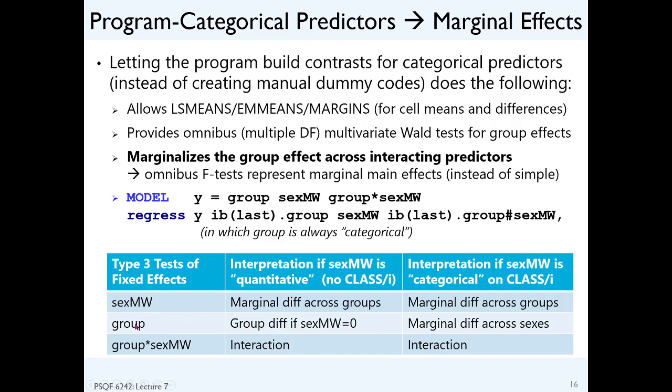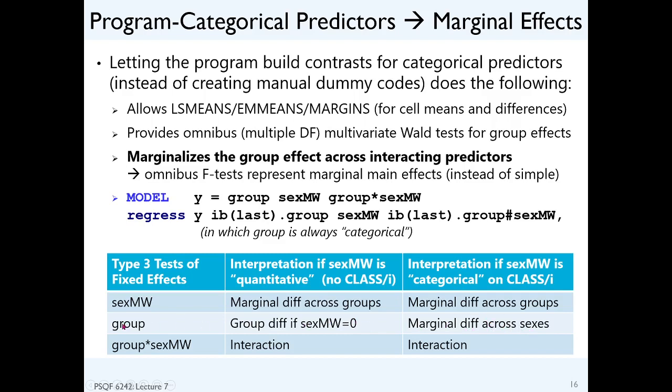The group main effect, though, is going to be conditional on gender equals 0 because it's being treated as a covariate. So for the main effect of sex, it understands that it needs to marginalize across groups. The group main effect is going to condition on sex if it's treated as a quantitative variable, but it's going to marginalize across it instead if it's treated as a categorical variable.